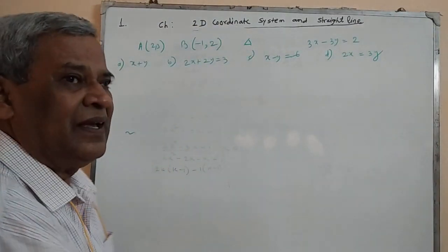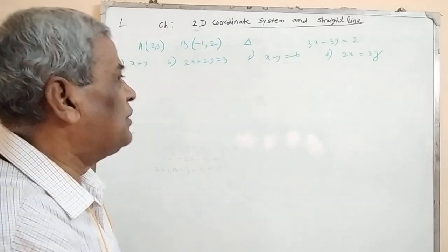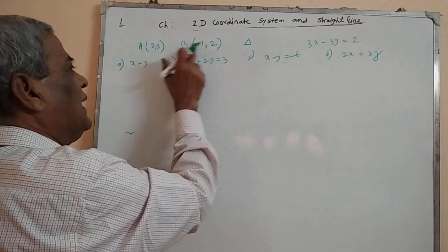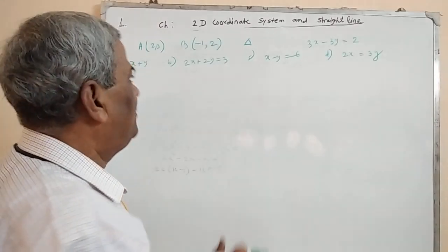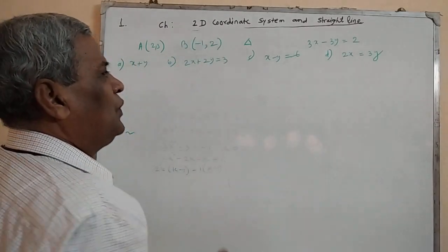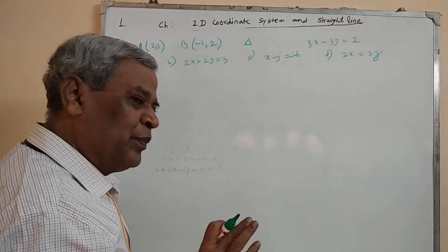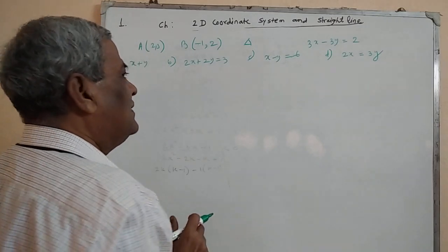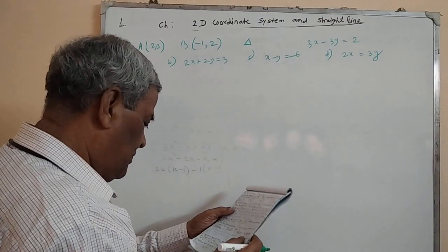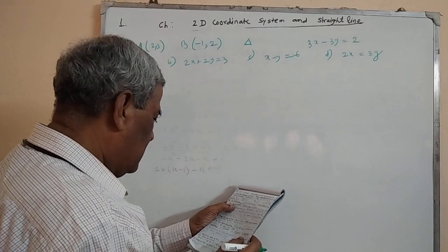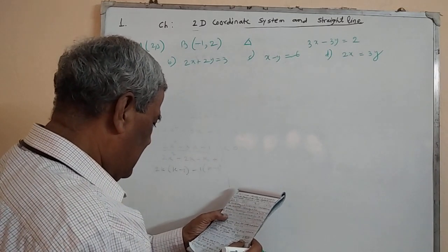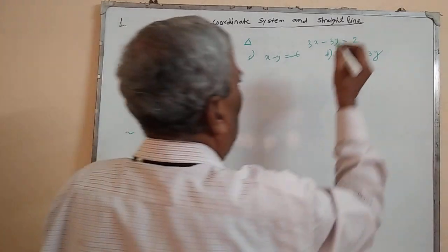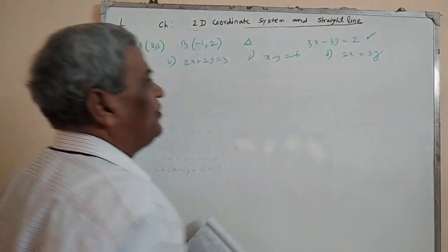Now let us see what exactly the problem is. For a triangle, two vertices are given in exact form, (2, 3) and (-1, 2), and the third vertex we don't know. But it is given that its centroid lies on that straight line.